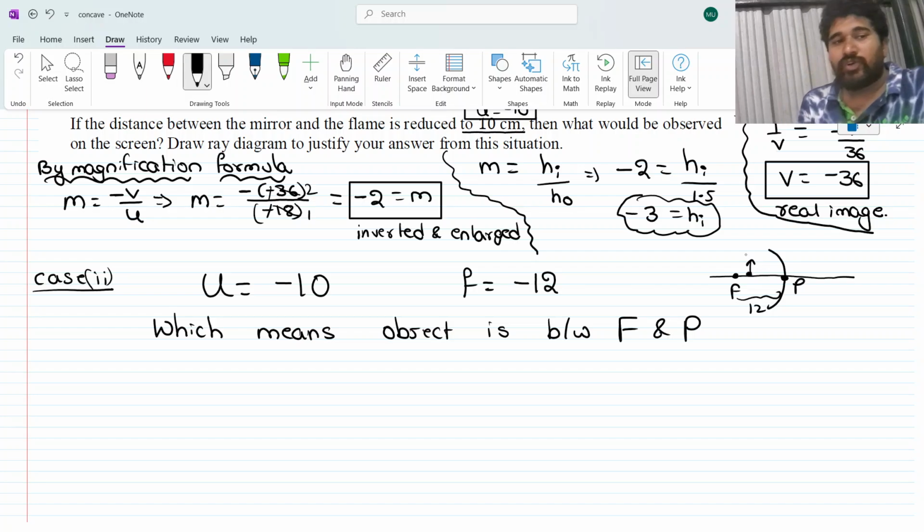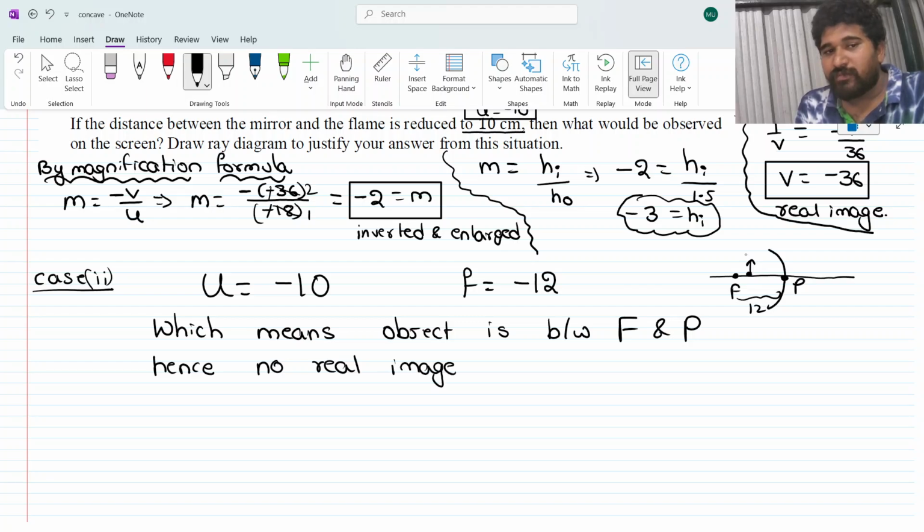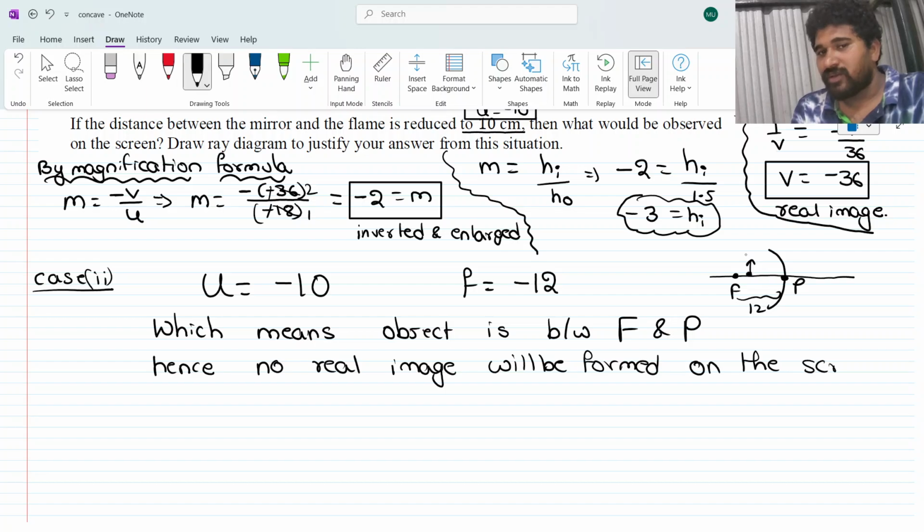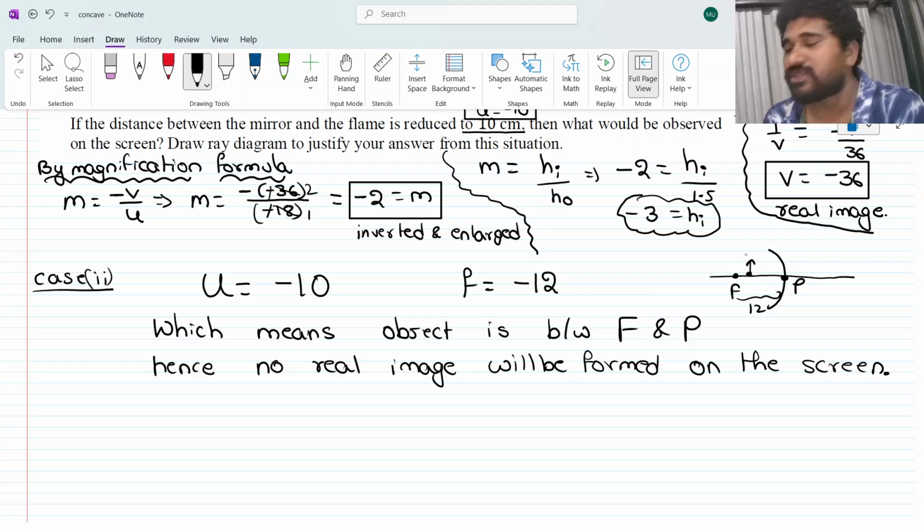Understand? So, hence, no real image will be formed on the screen. Means we will not get any image on the screen.